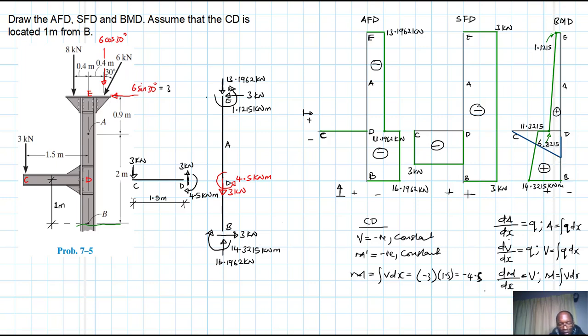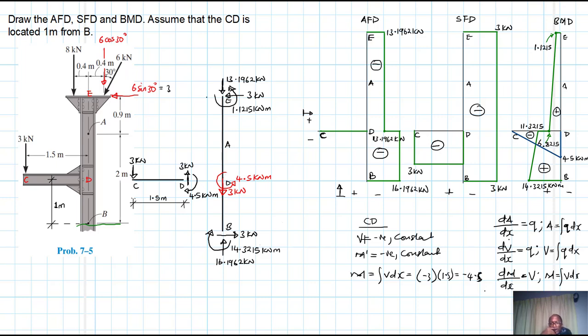All right, it's not closing so well, sorry about that. Something like that. And this value here is 4.5 kilonewton meters. Okay, I think this is about it. And this moment is negative.